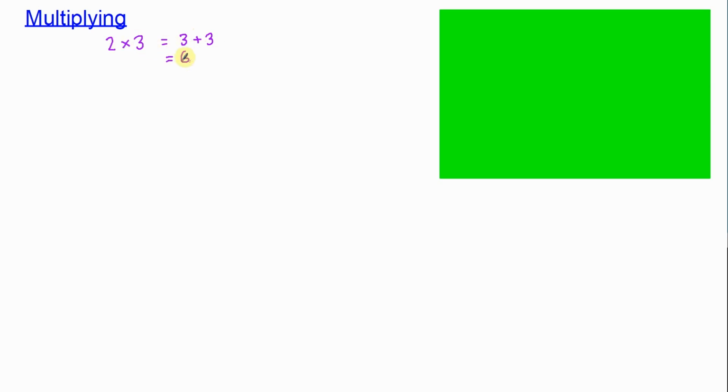So essentially what multiplying actually is, is repeated addition. So it's just adding numbers over and over again depending on the situation.